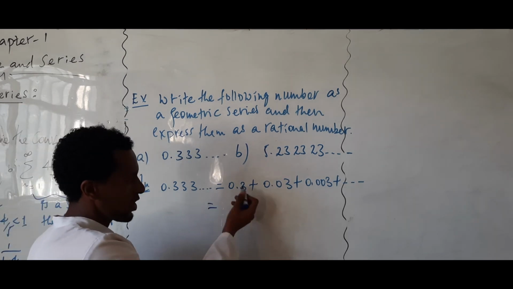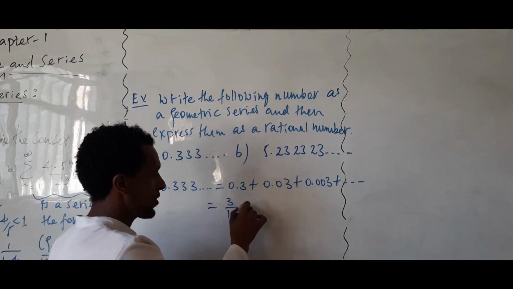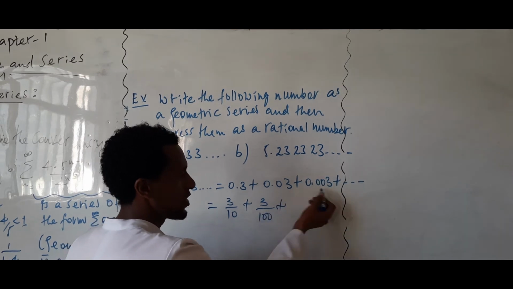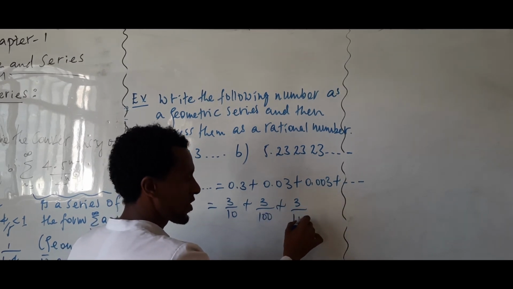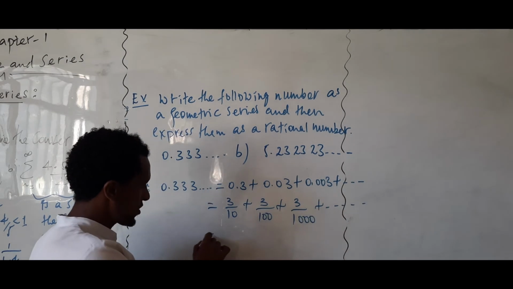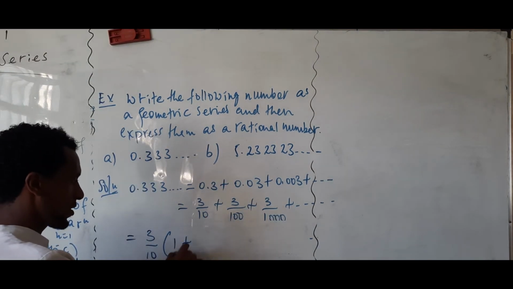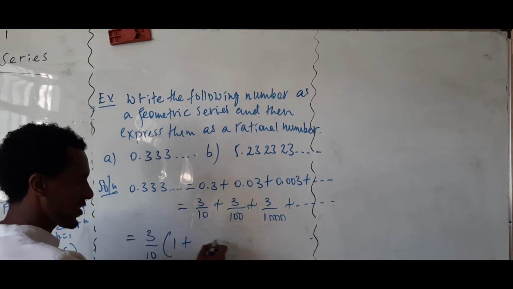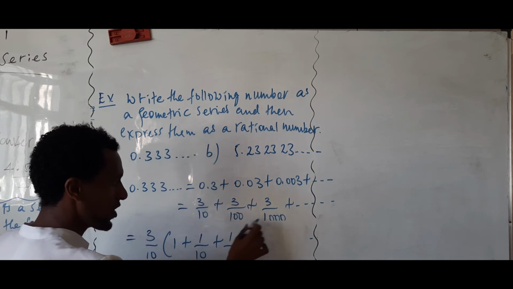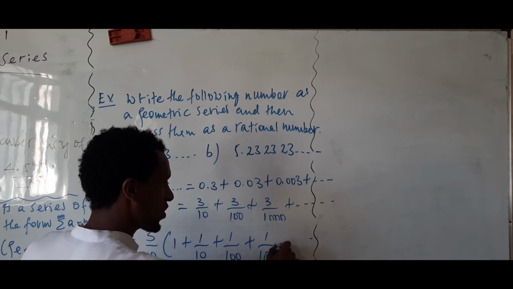That is equal to 0.3 is 3 over 10, plus this one is 3 over 100, plus this one is 3 over 1000 plus. This one is equal to 3 over 10 into 1 plus what? 1 over 10, isn't it? 1 over 10 plus 1 over 100 plus 1 over 1000 plus.